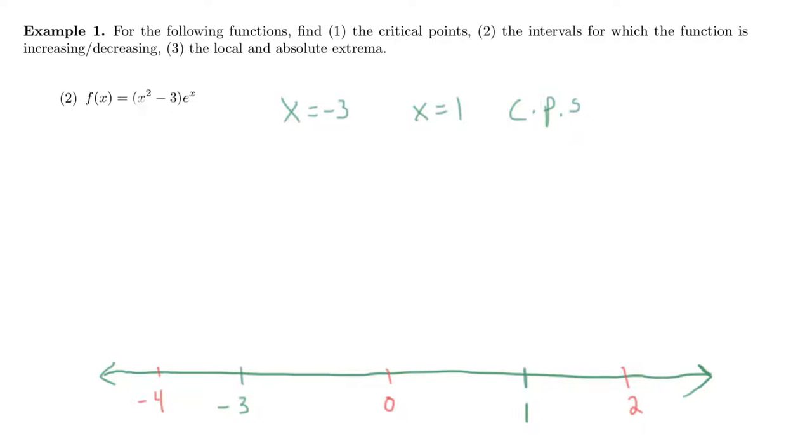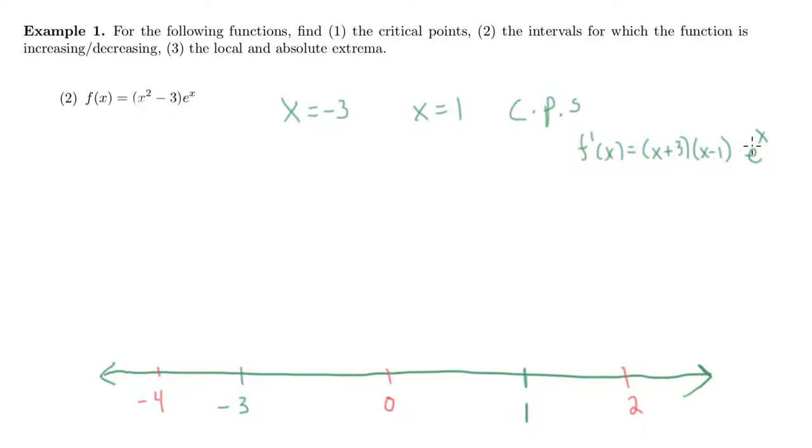Let me write down what f prime of x is, just so we have it. So f prime of x was equal to x plus 3 times x minus 1 times e to the x. Okay, that's good.